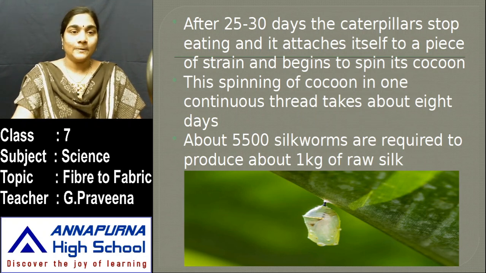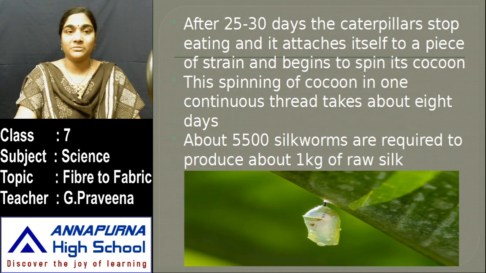As these silkworms are laid on the bamboo trays and fed with mulberry leaves, after they have grown in size they stop feeding and start spinning a thread-like structure around their body.